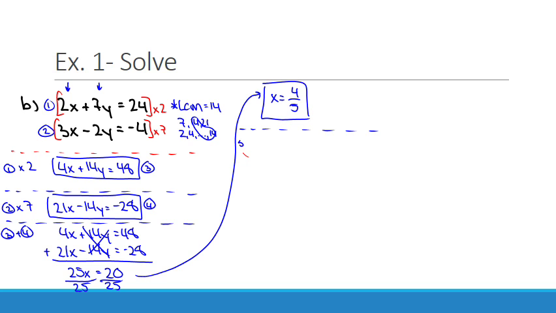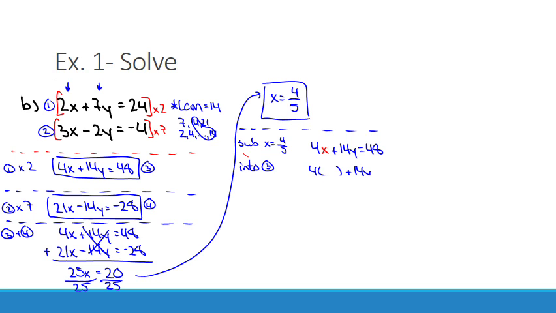So now I will sub that value in. And again, I just worked with equations 3 and 4, so it doesn't really matter. So I'll just say equation 3. Equation 3 is 4 times x plus 14y equals 48.